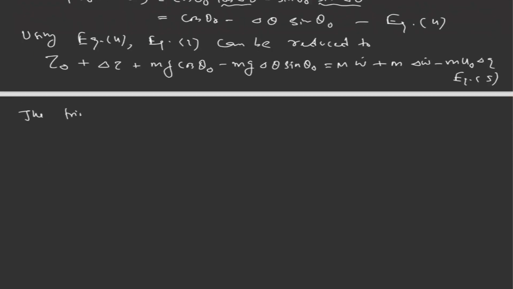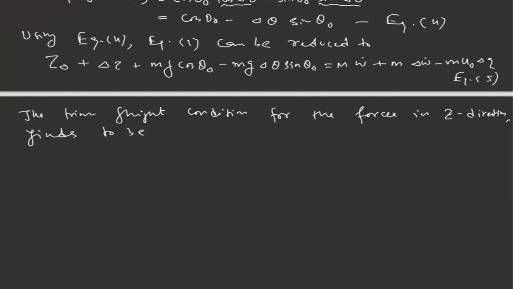Also, what we have done in the previous lecture, for the trim flight condition, the trim flight condition for the force equation in z direction yields, we have already found, it is basically z naught plus mg cos theta naught equal to m w naught dot.